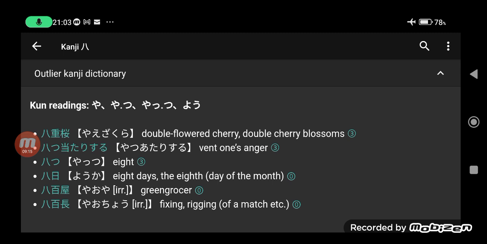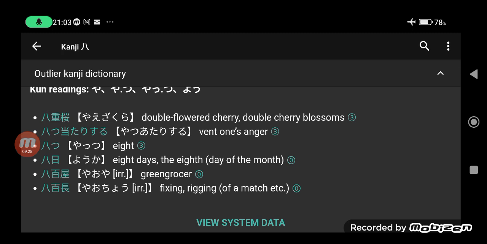And then the kunyomi readings: ya, yatsu, and yo. First example, yae zakura.